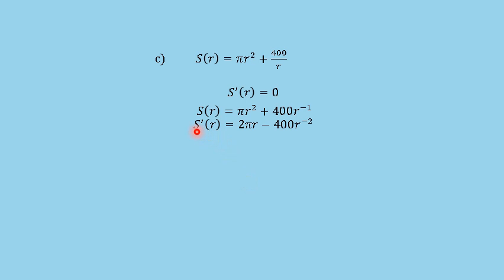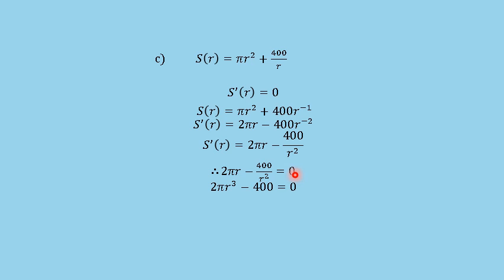Now we differentiate. S prime of r equals 2 pi r minus 400 r to the exponent -2. S prime of r equals 2 pi r minus 400 over r squared. And then we equate this to 0. 2 pi r minus 400 over r squared equals 0.